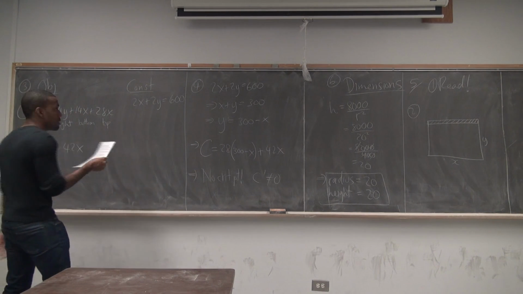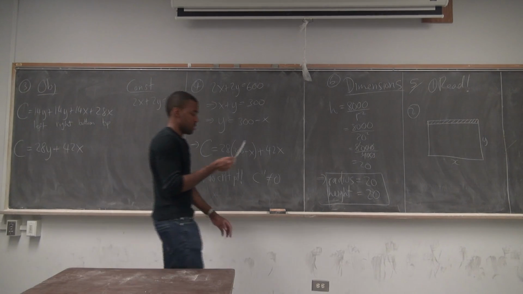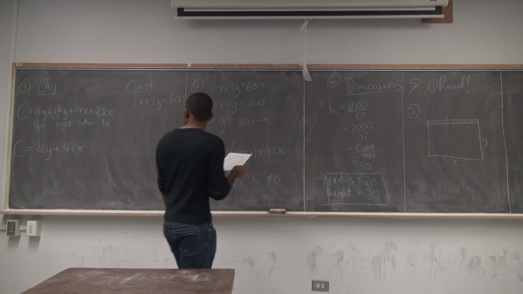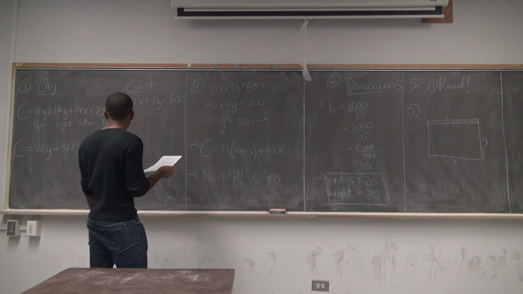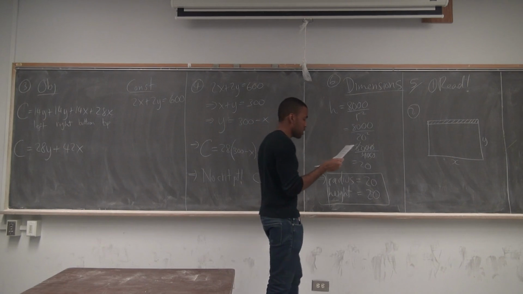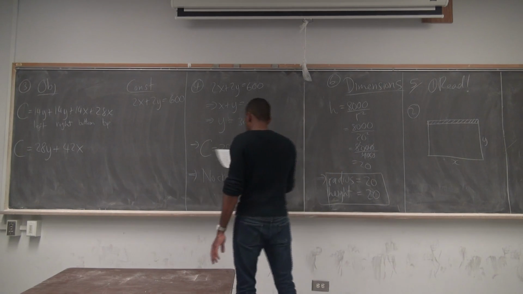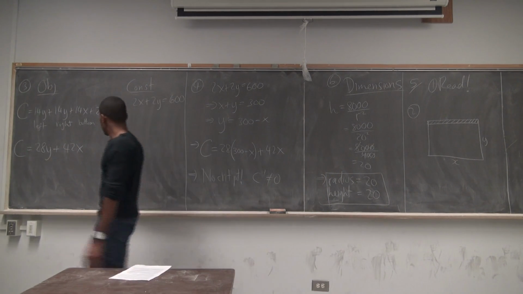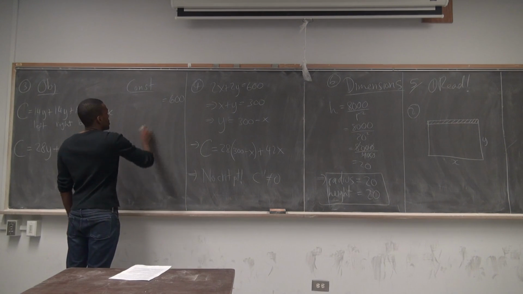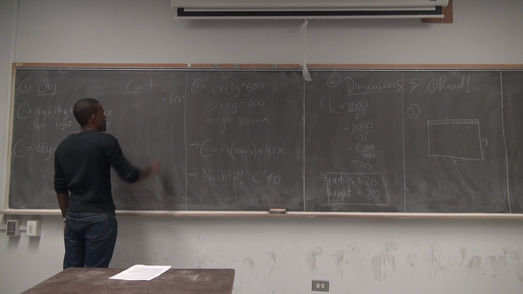Let's see, can we salvage it? I think maybe if we thought of the 600 as area, we could probably fix it. So yeah, the constraint doesn't work. There's a typo in that final.